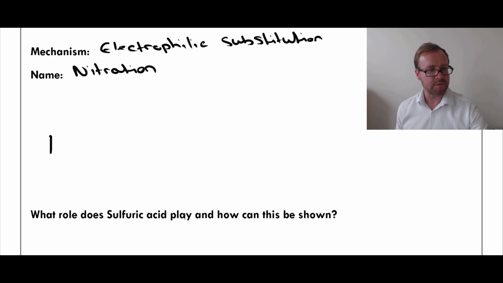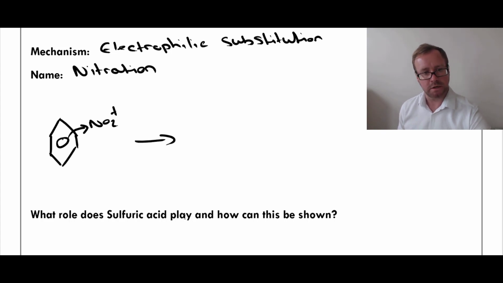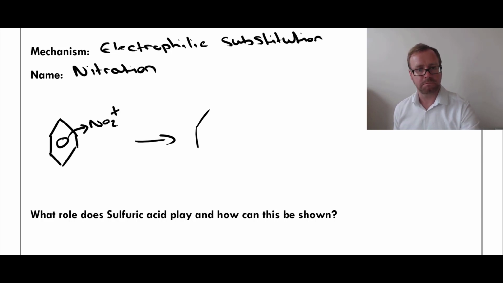So we have our benzene knocking around, and electrons from our pi delocalized electron ring are attracted to our positive electrophile. This means that a dative covalent bond forms between the nitro group, the electrophile, and the benzene.